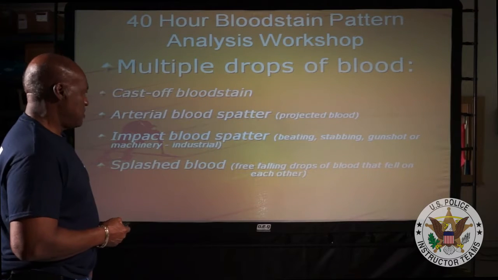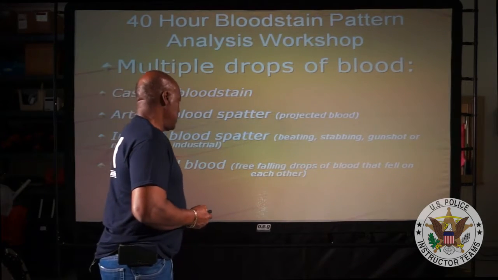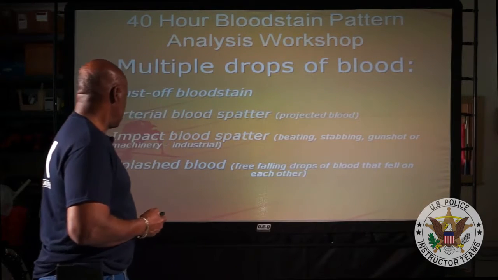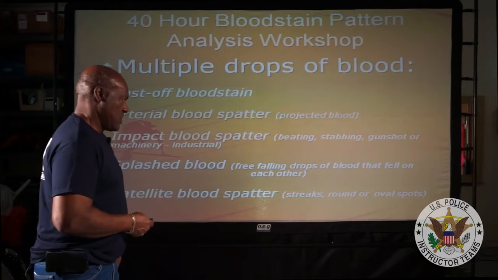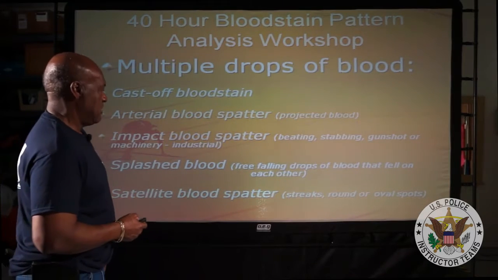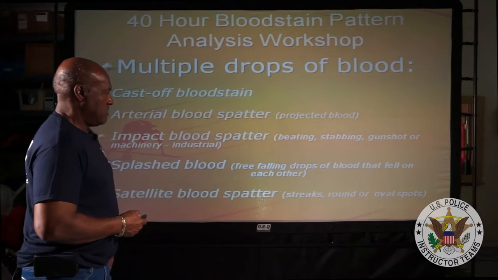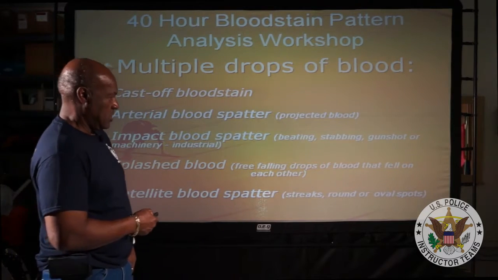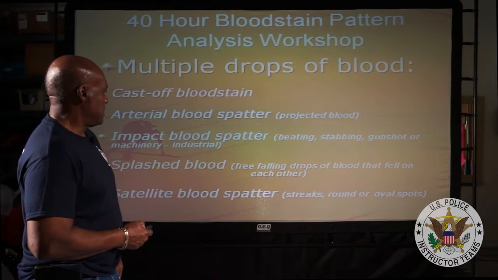And then we have splash blood, which is free-falling blood in excess of one drop, and this is back to low velocity. And then we have satellite spatter, which are streaks, round or oval, created as blood falls upon itself, and the blood gets rid of its energy, so it bounces up and creates circular, small spots, which we call satellite spatter.